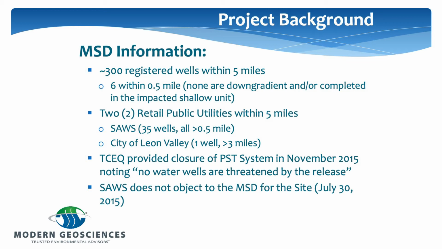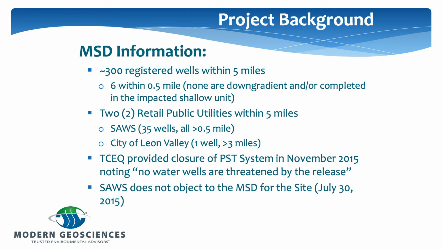But all of them were not down gradient nor in the perched unit that's impacted, right? So nobody was going to be exposed or affected by it with the existing, even the registered wells from long ago. As we move further out from the half mile, we noted 35 wells which belong to the San Antonio water system. And then those are all more than a half mile away, and then 1 that's related to the city of Leon Valley.